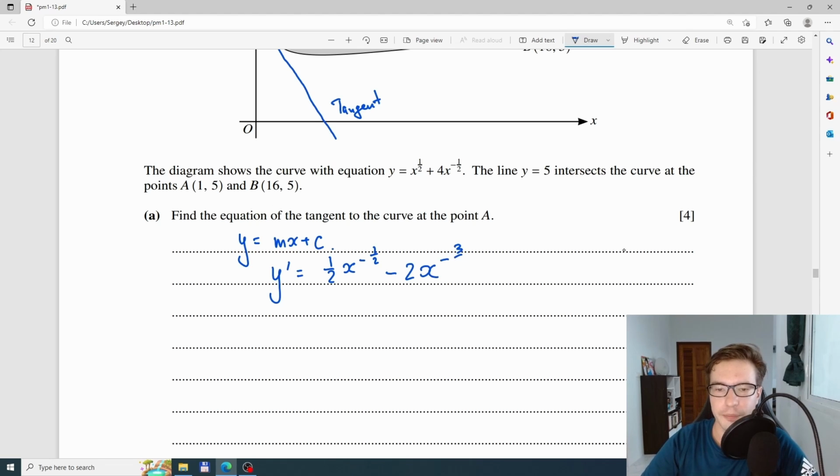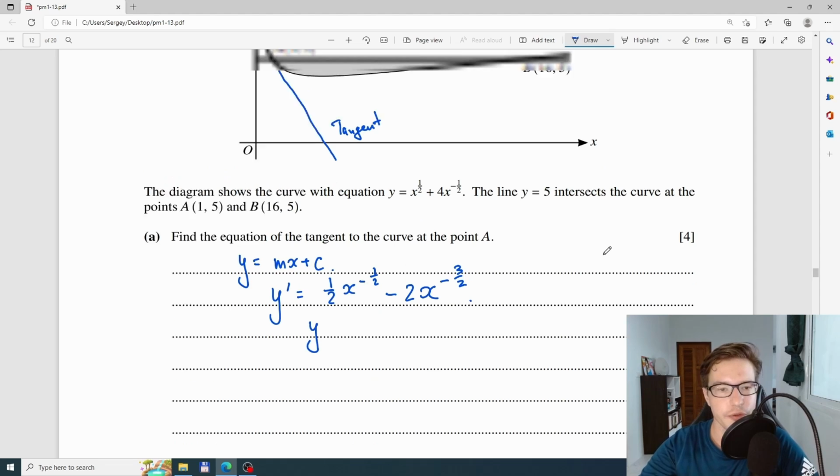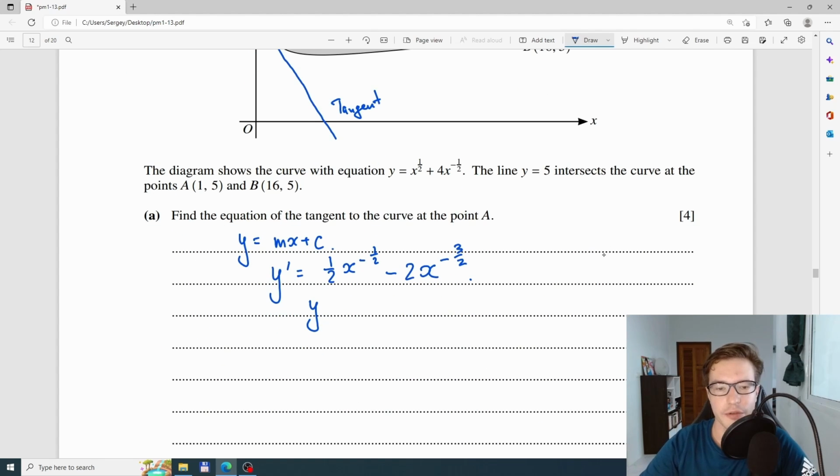Now, the point we're looking at is A, so I'm going to substitute the x-coordinate of this point, which is 1, so y' of 1 equals 1/2 minus 2, that becomes -3/2. And we know that our tangent line looks like y = -3/2 x + c.